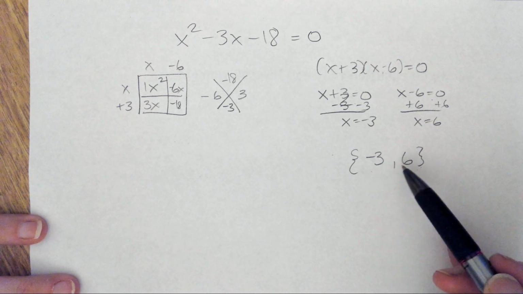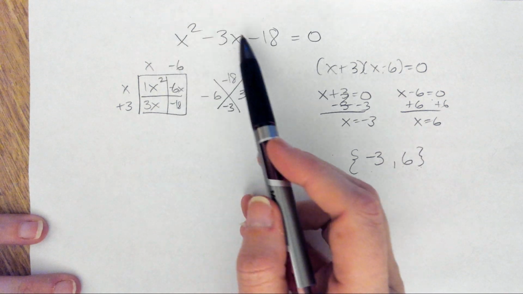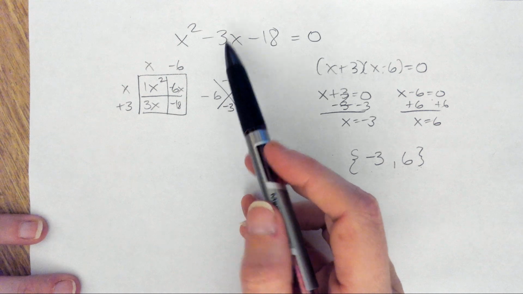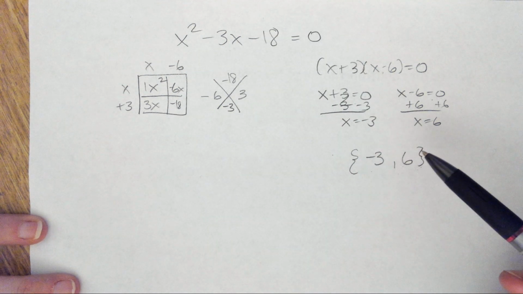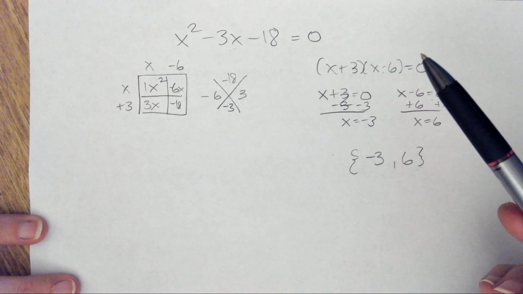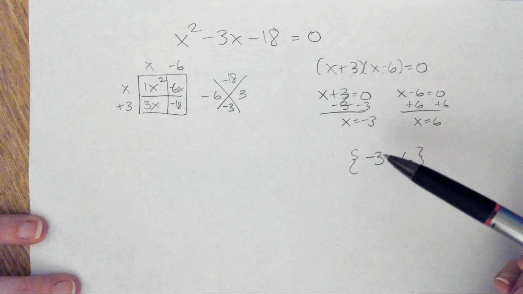So negative 3 and 6 make this function true. If we were to plug negative 3 and 6 into that function, we get 0 for both of them. So these are the solutions that make this function true.